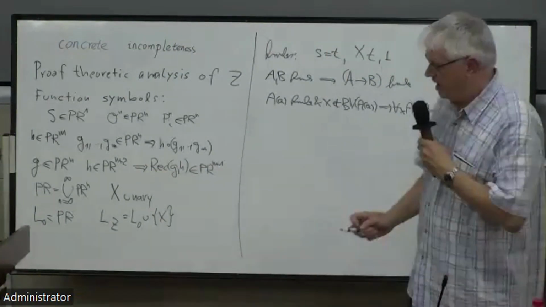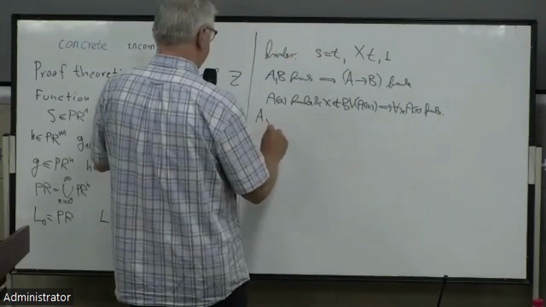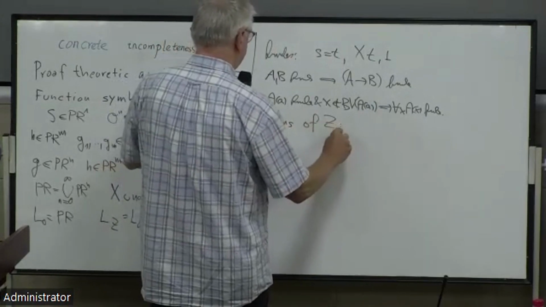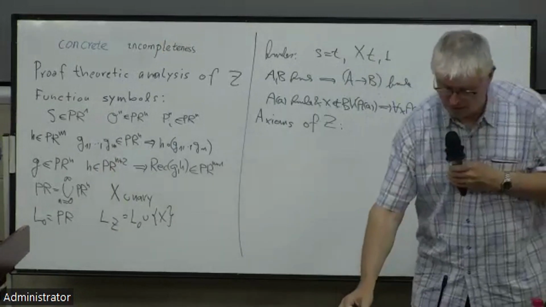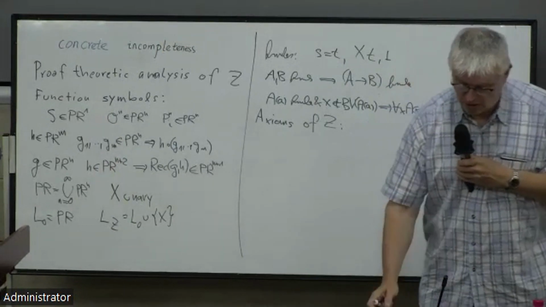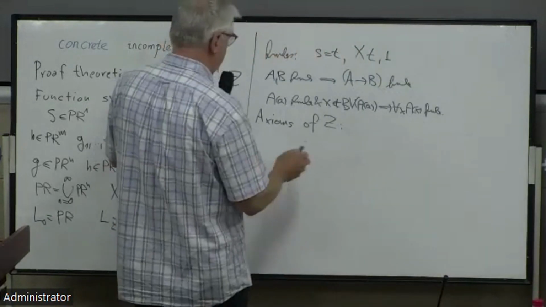Now, what are the axioms of Z? Well, we have the usual logical axioms. I will not recall those ones. So the non-logical axioms of Z are the following.